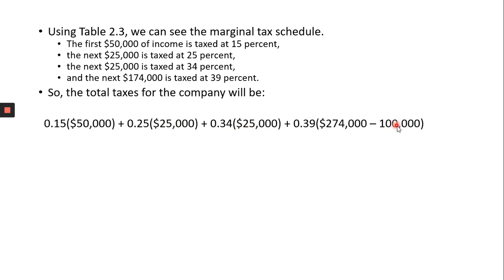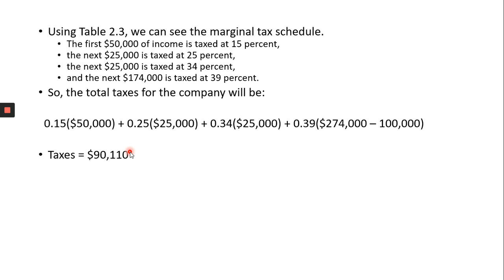If you deduct $100,000 from 274, you get $174,000. You will pay 39% of those. So your total tax will be $90,110.